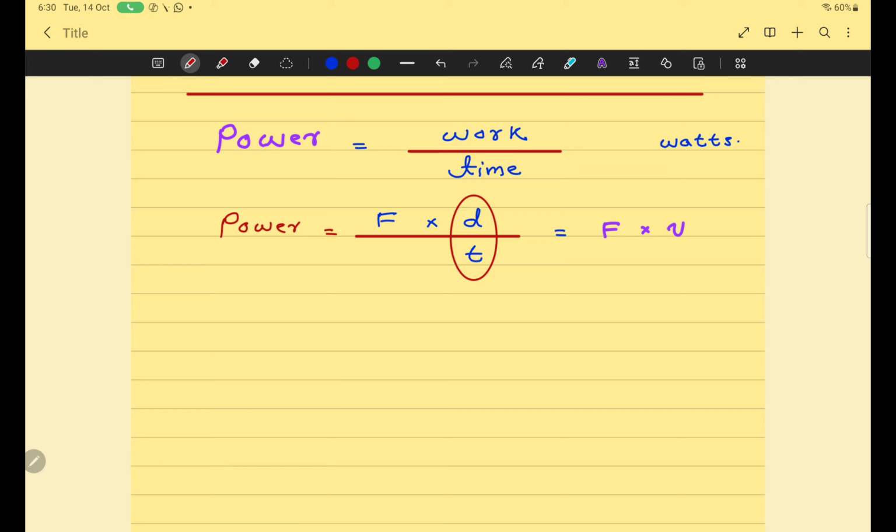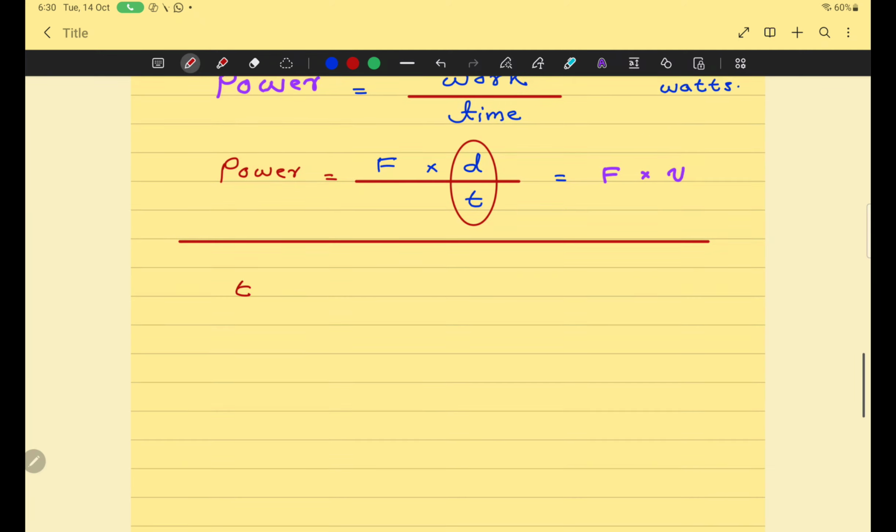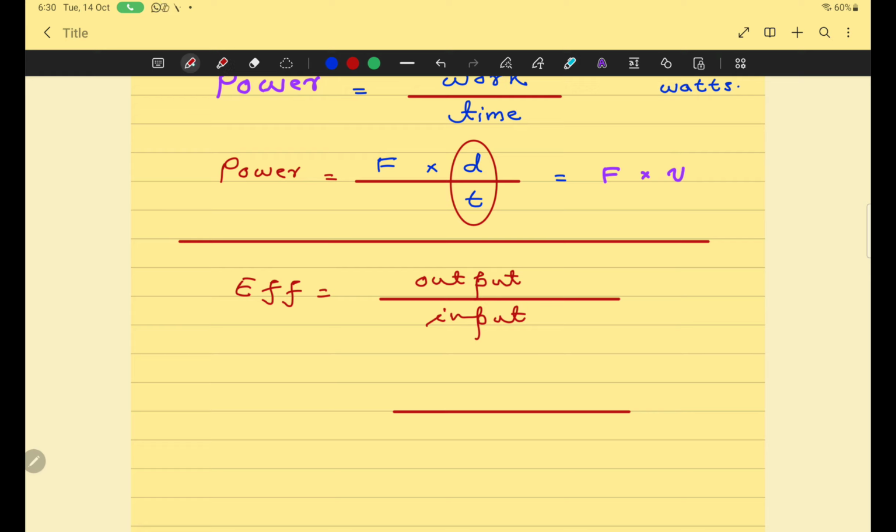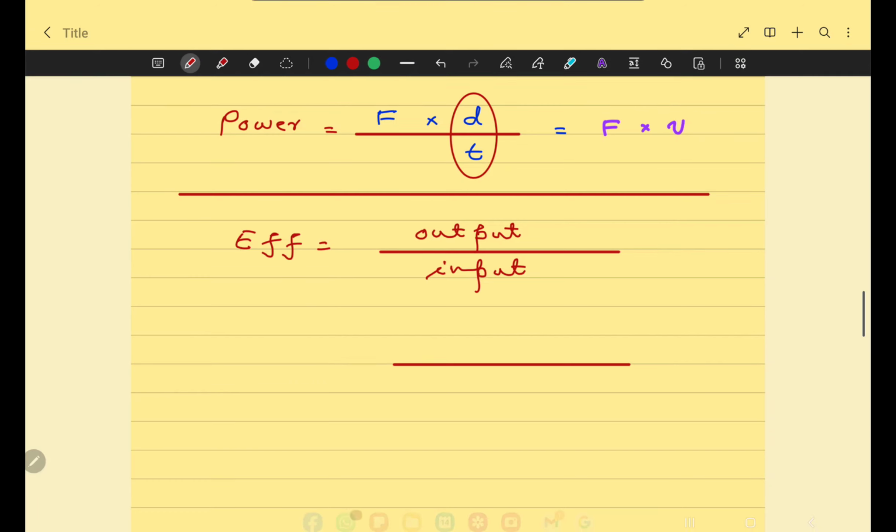Okay. And now the last one, it is about efficiency. Efficiency is equal to useful output divided by input. The ratio between output and input is called efficiency. I am writing this formula two times. Why?